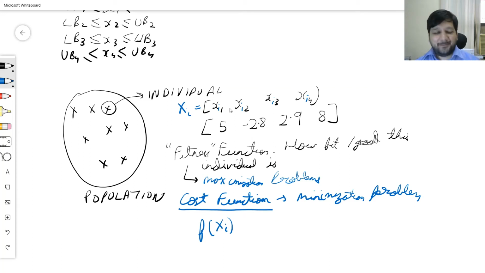In the pandemic, people who had a poor immune system, unfortunately, eventually could not survive, even though there was a lot of science and technology available. So the goodness of the individual is how likely the individual is to survive in this world. Fitter individuals are most likely to live, and the worse individuals are most likely not to survive.